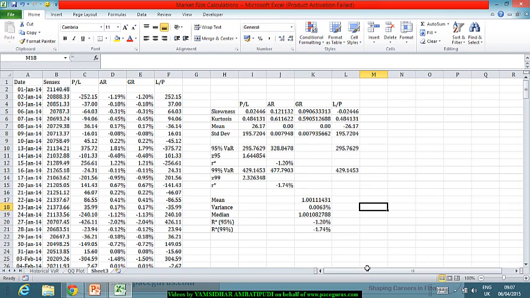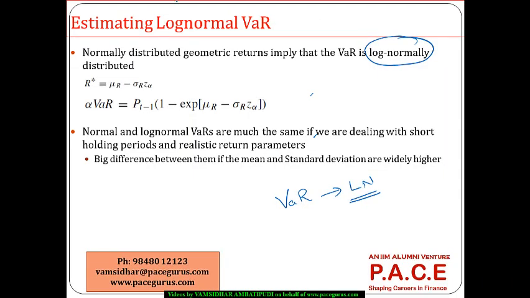Even in case of geometric returns, the R star is found out in a similar manner. The meaning of R star is I am finding out some cutoff point wherein with 95% confidence there is a chance of getting a return that is more than that, or 99% chance of getting a return that is more than that.